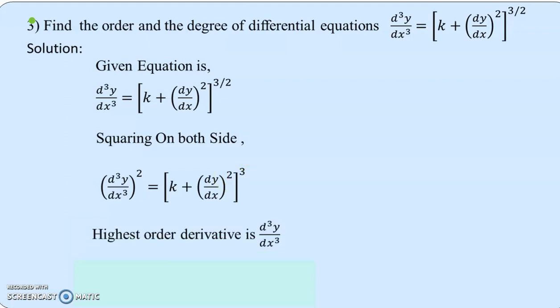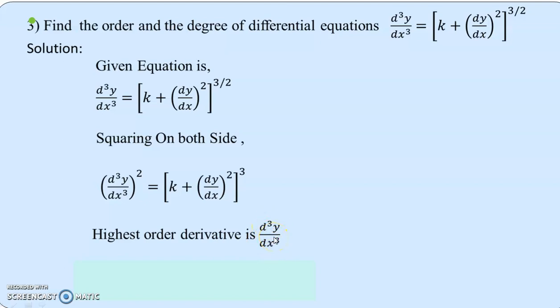Now here the highest order derivative is d cube y upon dx cube. Here dy by dx is a first order derivative and d cube y upon dx cube is the third order derivative. So the highest order derivative is d cube y upon dx cube, and its order is 3.